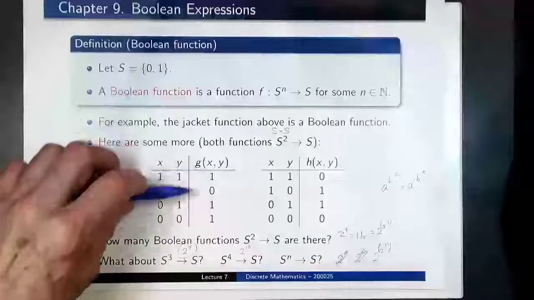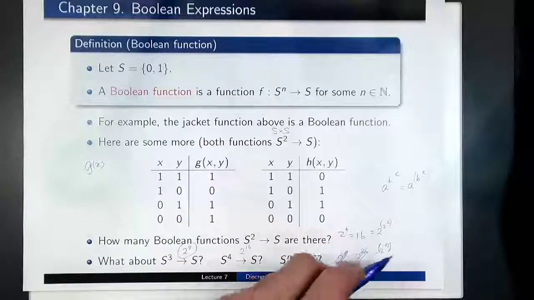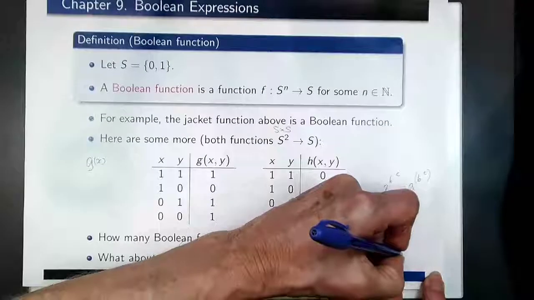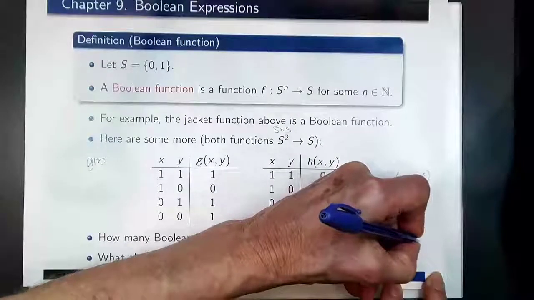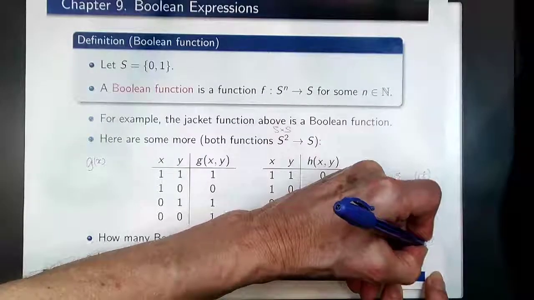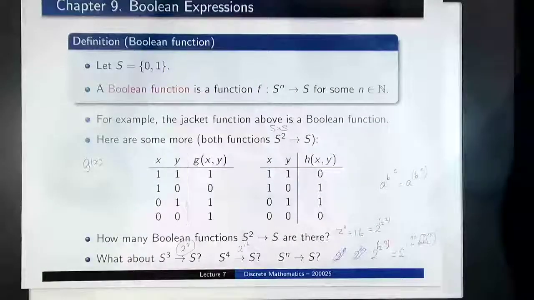So it's 2 to the n rows, and then it's 2 to the number of rows, which is 2 to the n. So it's 2 to the number of rows in the table. That's maybe a way of thinking about it. Can you actually read that? 2 to the number of rows in the table.